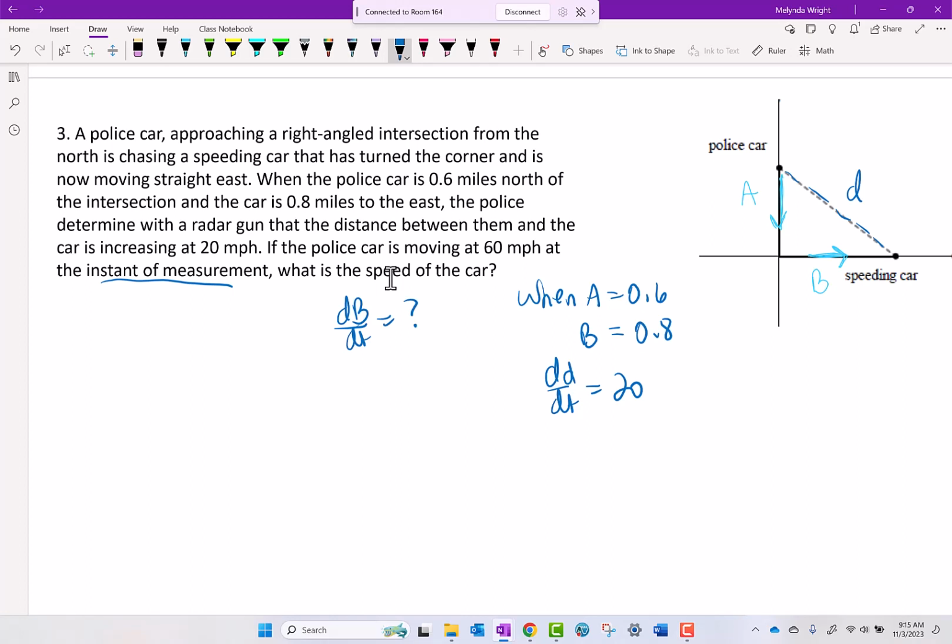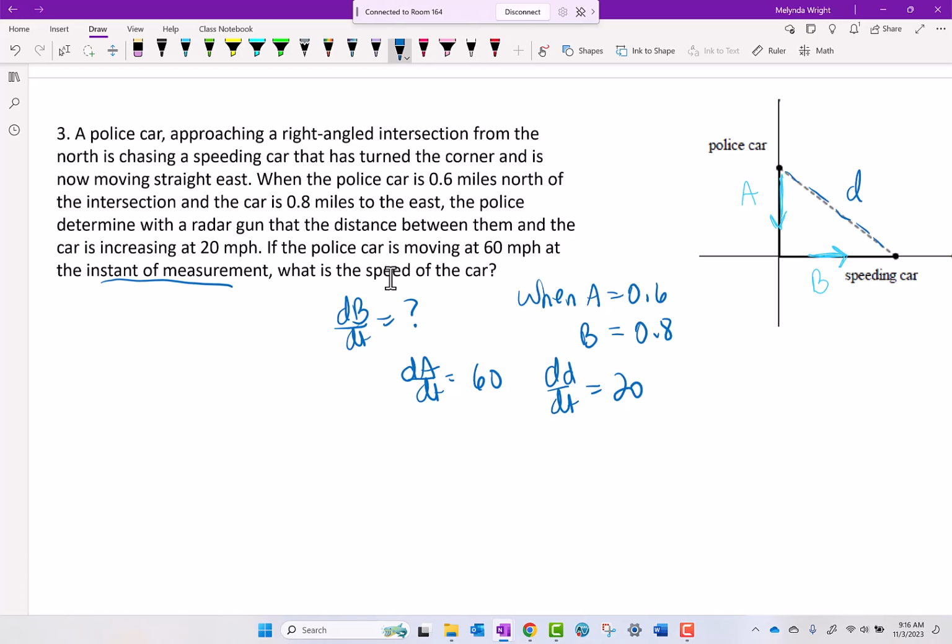So let's think about the rate that the police car is moving. That's dA/dt equals 60. We've just been writing rates that were positive, but we really need to pay close attention to what the sign of the rate is.